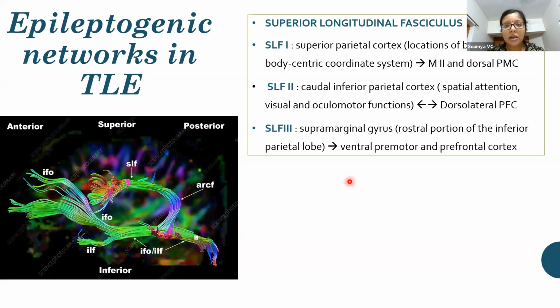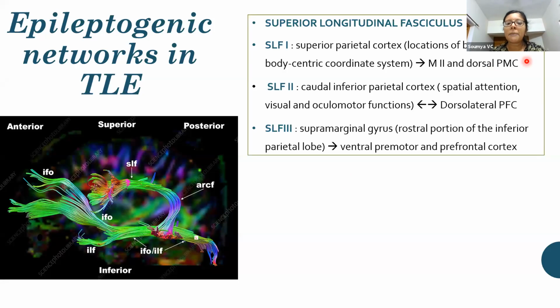First, the superior longitudinal fasciculus is composed of 3 major components, SLF1, 2 and 3. The SLF1 connects the superior parietal cortex to the SMA as well as to the dorsal premotor cortex.